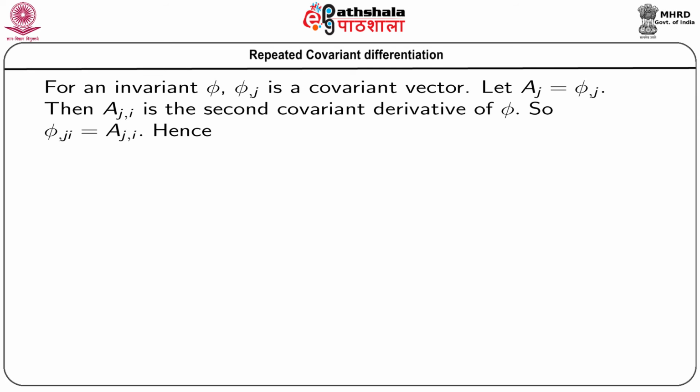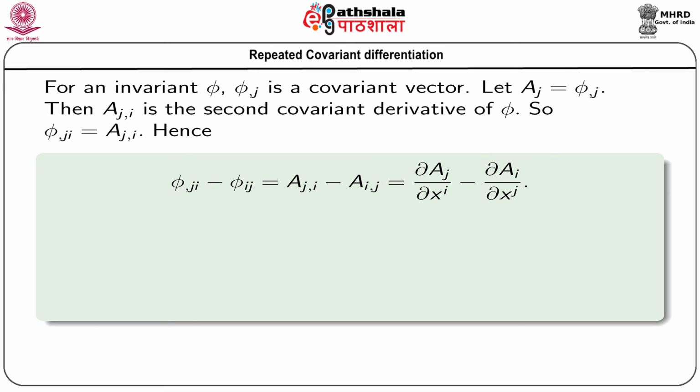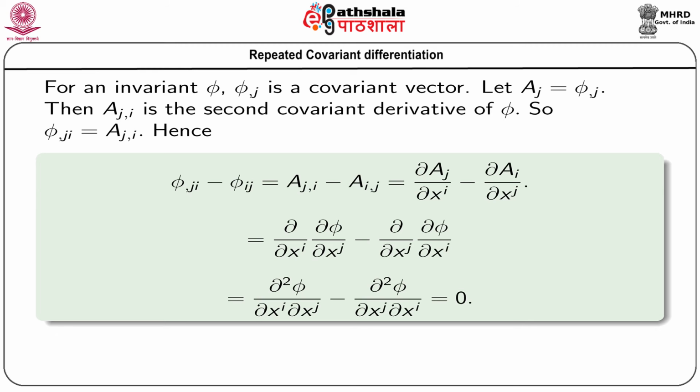So, we can write phi,ji equals a_j,i. Hence, phi,ji minus phi,ij equals a_j,i minus a_i,j equals ∂a_j/∂x^i minus ∂a_i/∂x^j. As a_j is ∂phi/∂x^j and a_i is ∂phi/∂x^i, replacing the values we get ∂²phi/∂x^i∂x^j minus ∂²phi/∂x^j∂x^i, and this expression is equal to 0.